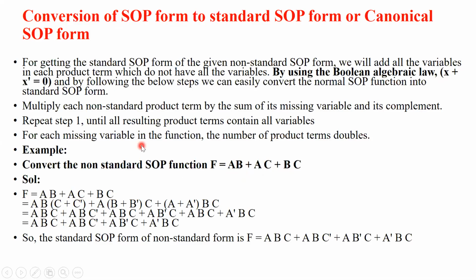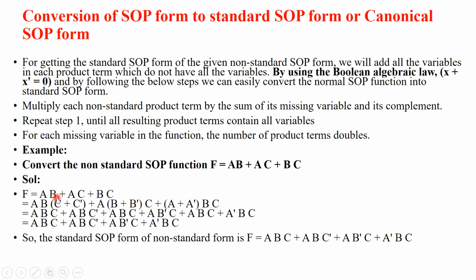There's a typing mistake. X plus x dash is equal to 1, it cannot be 0. In a product it can be 0, but when I have x as 1, your x dash will be 0. So 1 plus 0 is 1 only. So x plus x dash is 1. That rule I am using.